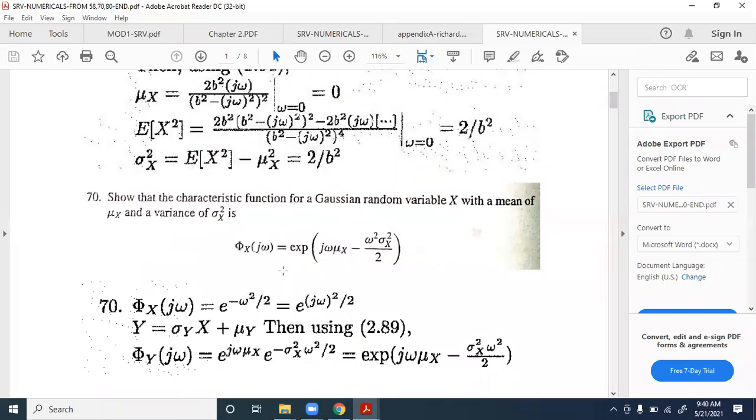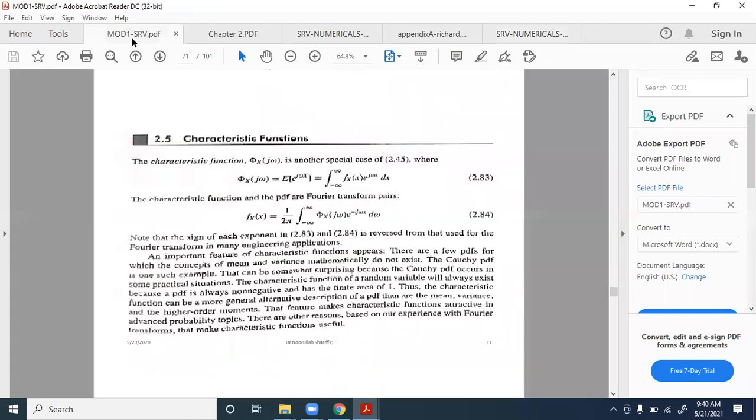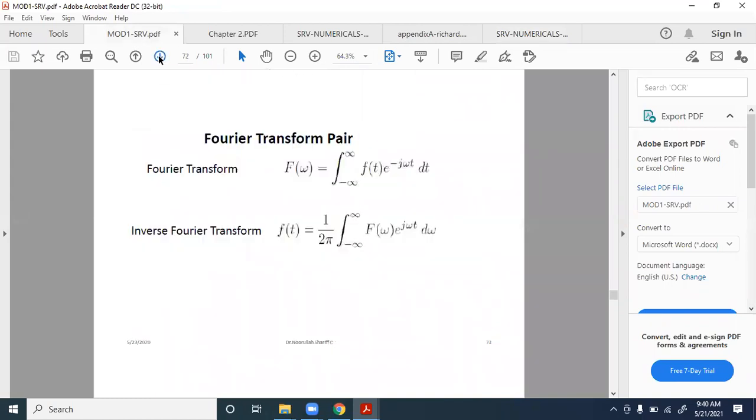This is the quantity we will get for the Gaussian random variable in the characteristic function, which can be seen from the appendix, or we can go for this and then check the characteristic function for the Gaussian random variable.